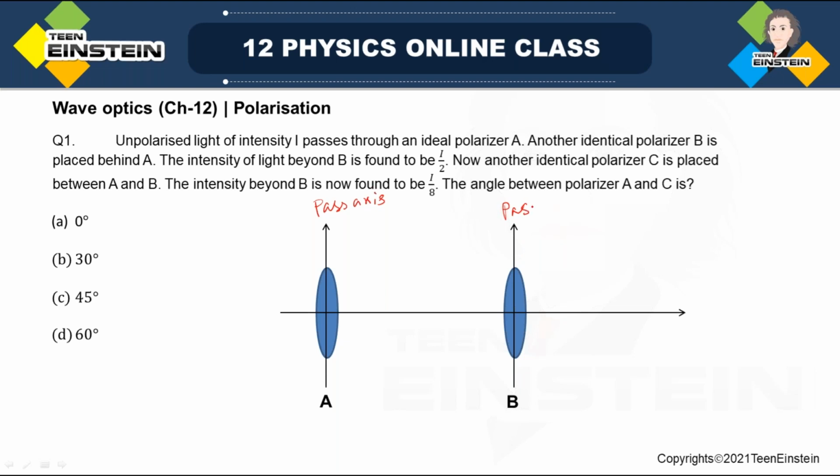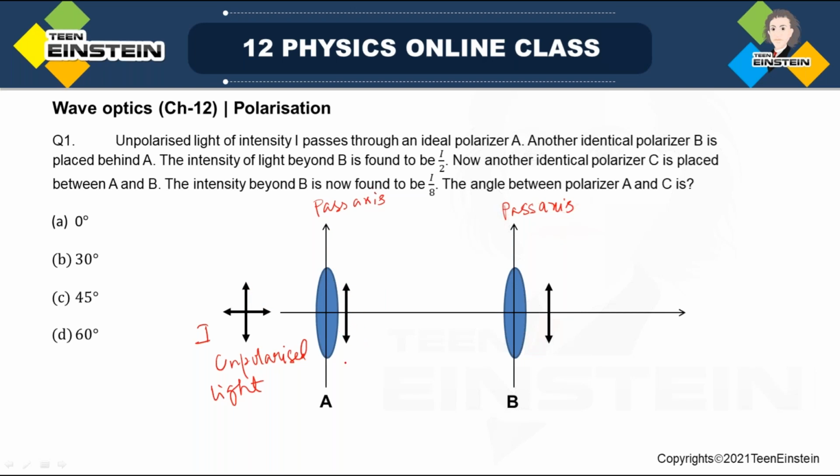So if you have unpolarized light here having intensity I, one electric field vibration in one direction gets passed through.